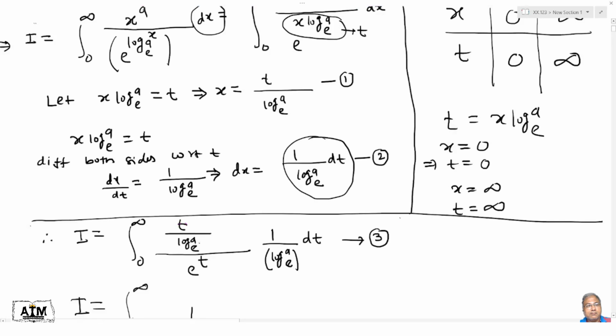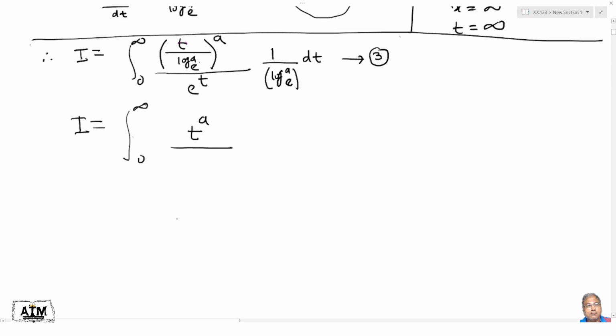In the given question it is x raised to a, therefore here writing t divided by log a to the base e whole raised to a. After that, integration 0 to infinity t raised to a divided by (log a to the base e) whole raised to a multiplied by 1 upon e raised to t multiplied by 1 upon log a to the base e dt.